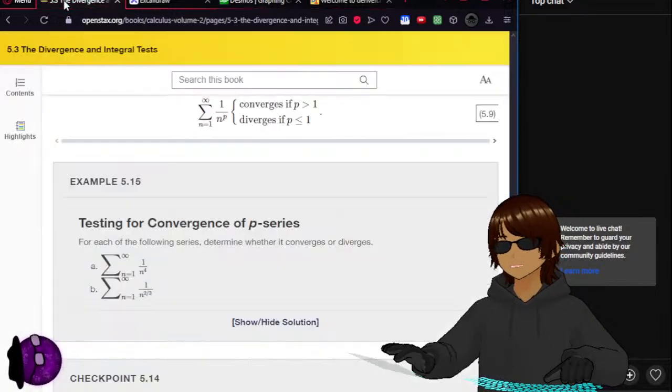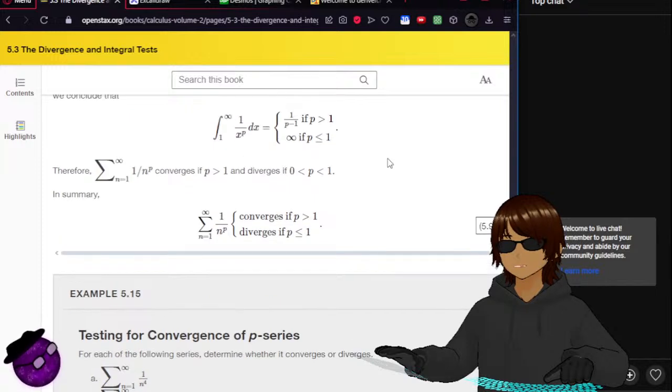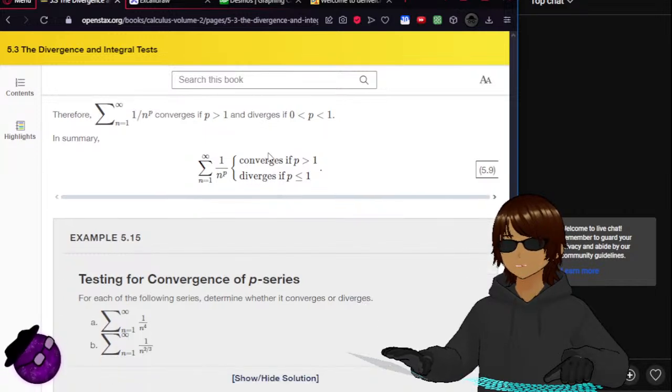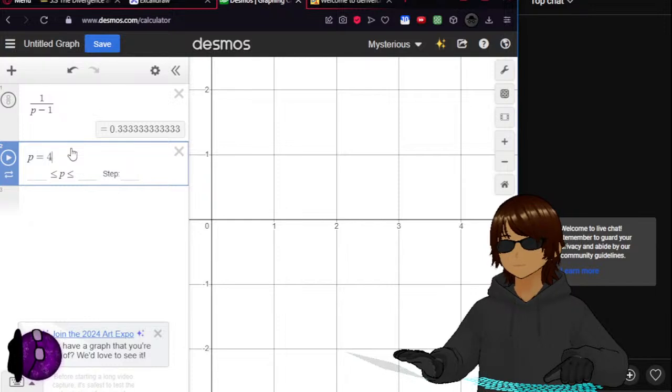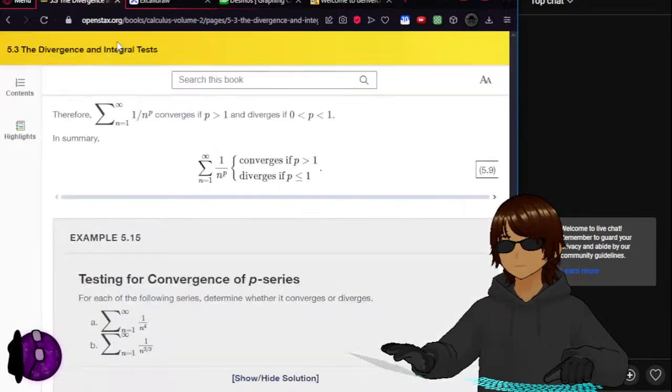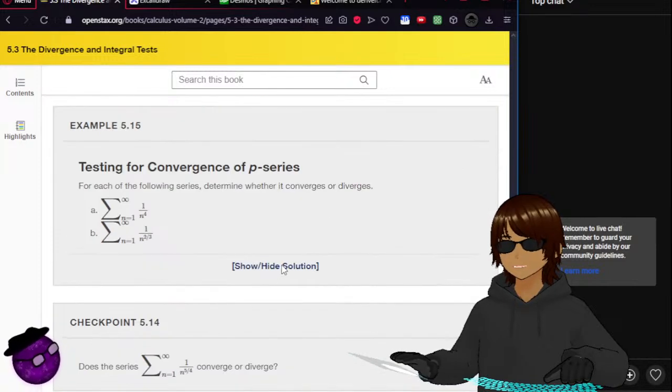Since p is greater than 1, it converges, right? And over here p is 2 over 3, which is less than 1. So it diverges.